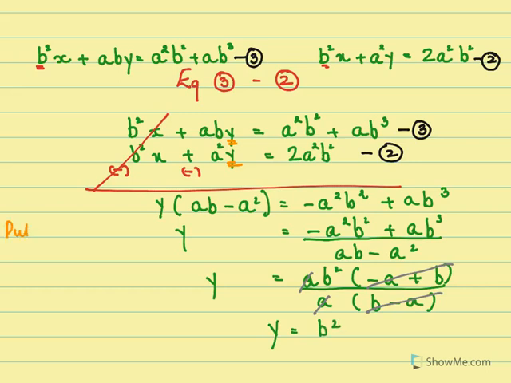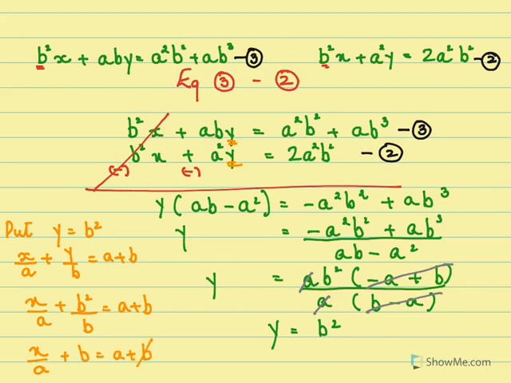Now to find x, I will put y equal to b square in any one of the equations. My first equation was x over a plus y over b equal to a plus b. So I have x over a plus, for y I am putting b square over b, equal to a plus b. So x over a plus b, since b square over b is b, equal to a plus b.